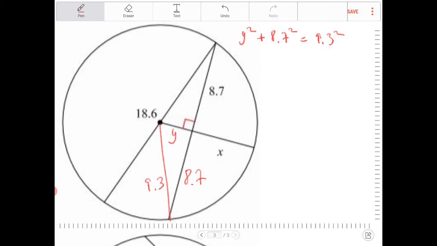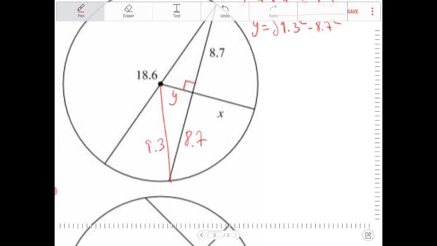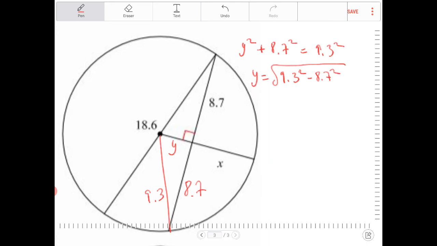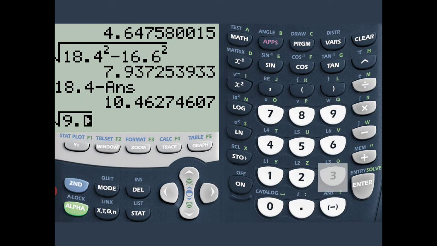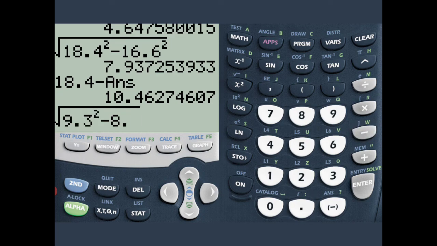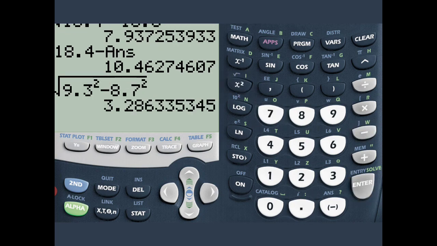Subtract both sides by 8.7 squared and take the square root. 9.3 squared minus 8.7 squared, square root of that. So let's see what that is. Square root of 9.3 squared minus 8.7 squared, 3.286.